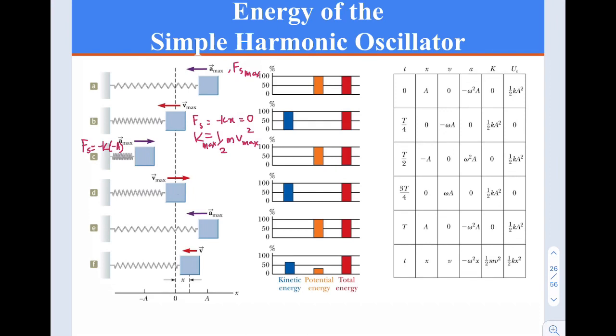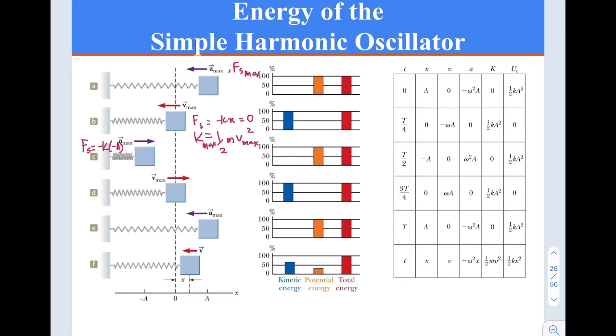Reaching the equilibrium position again, the Fs is going to be 0. The potential energy is going to be 0. And the V is going to be maximum. And kinetic energy is going to be maximum, which is equivalent to the E total, which is half Ka squared.